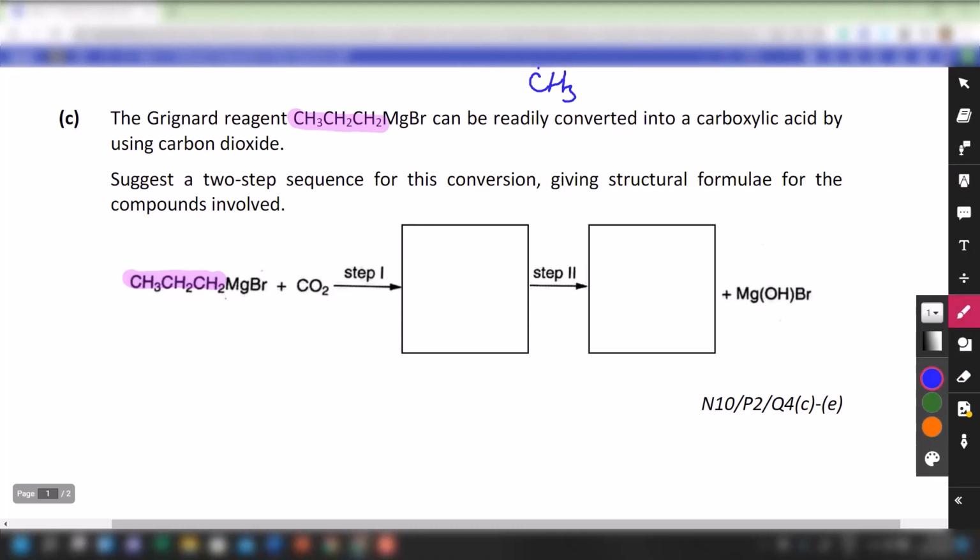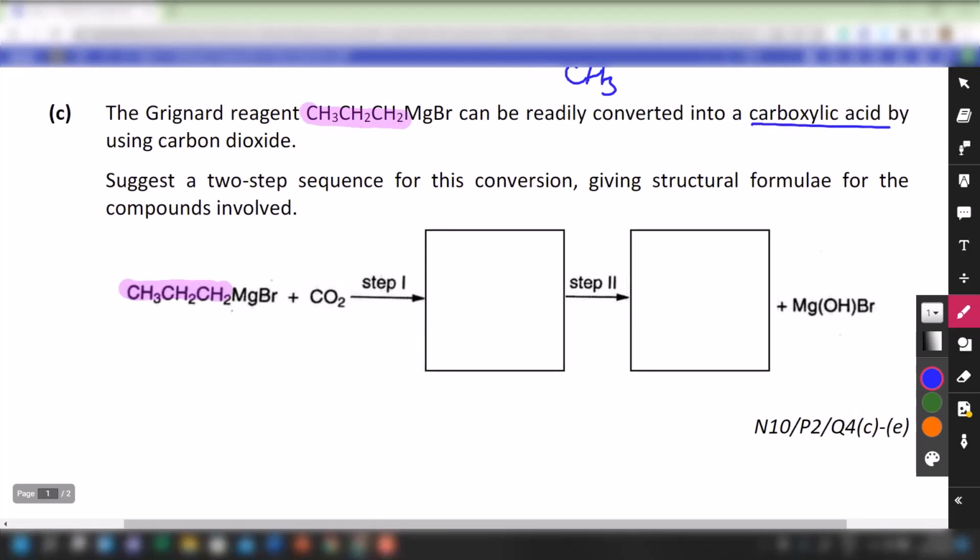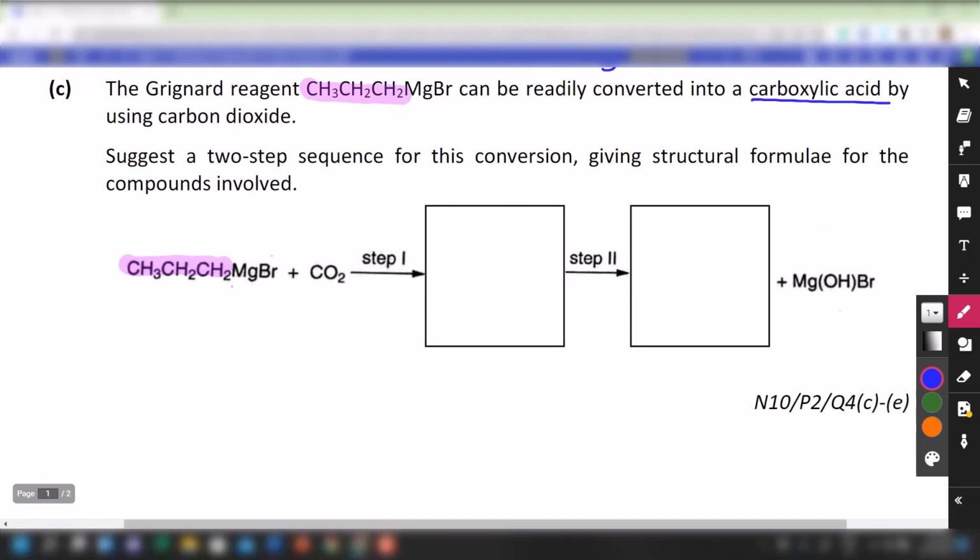This might be a bit challenging, but we are looking at the production of carboxylic acids from carbon dioxide. If you look at carbon dioxide, it can be viewed as a compound containing two carbonyl oxygens in the stricter sense.